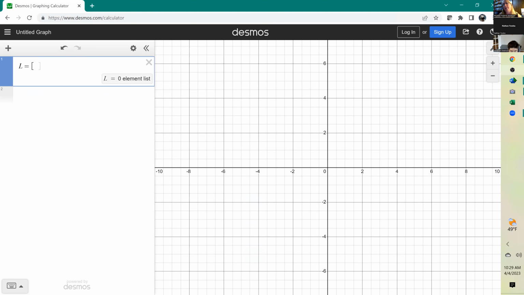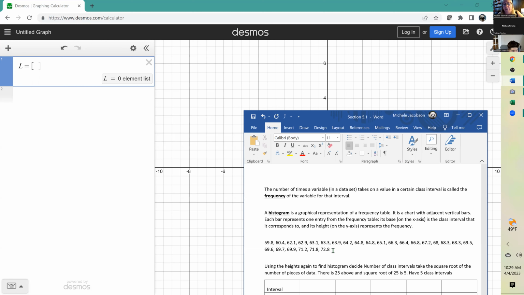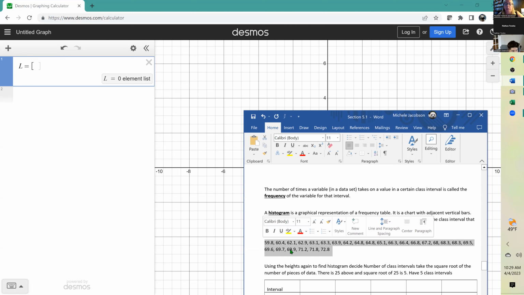Now I'm going to bring my data up. You want to highlight your data, and you can have it separated by commas. Online, it said spaces also work, but I already had this in commas. You highlight it, Control C, and then here, Control V. And it has our 25 elements.